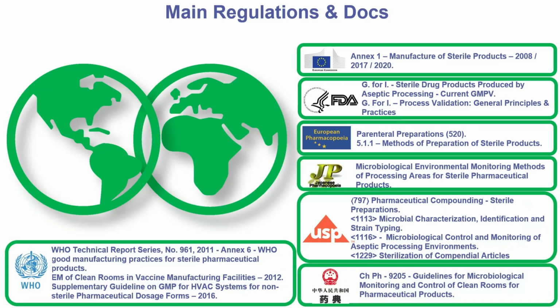Other regulations, including pharmacopoeias, for example European Pharmacopoeia, Japanese Pharmacopoeia, USP, and Chinese Pharmacopoeia, and also WHO, give some key recommendations for the manufacture of sterile product, and in some chapters, some requirements for the environmental monitoring program.